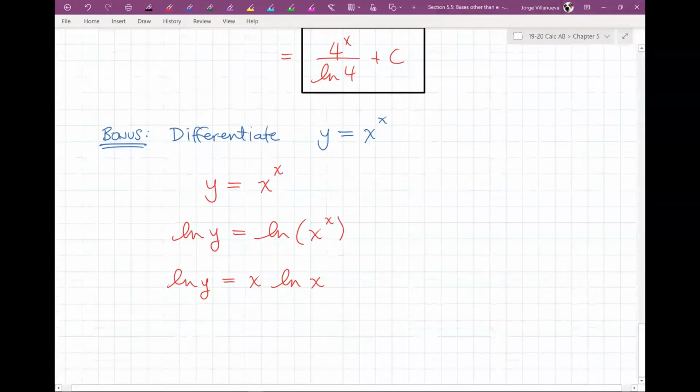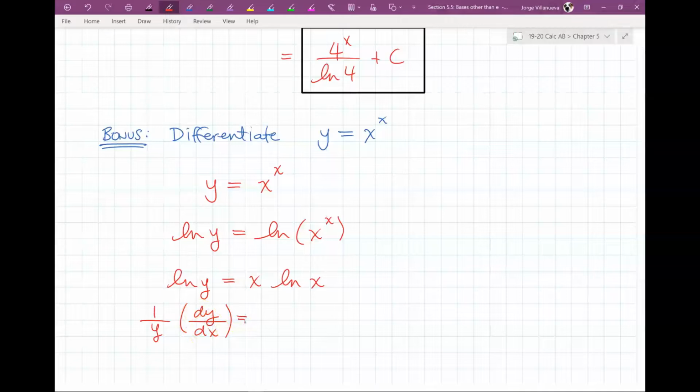So they want us to take a derivative of this function. So the derivative of ln of y with respect to x is going to be 1 over y dy dx. Remember, I got to do this implicitly because I haven't solved for y by itself. So I have to do dy dx of everything. So there's dy dx times 1 over y.